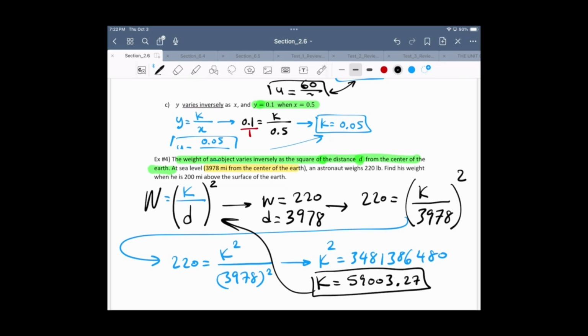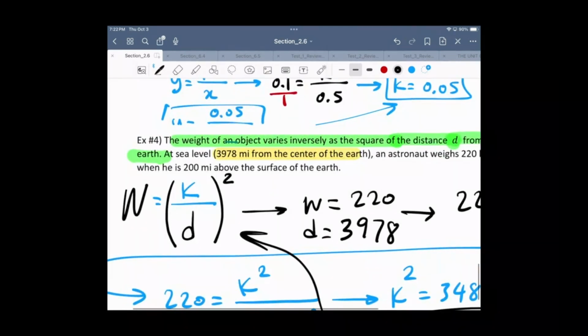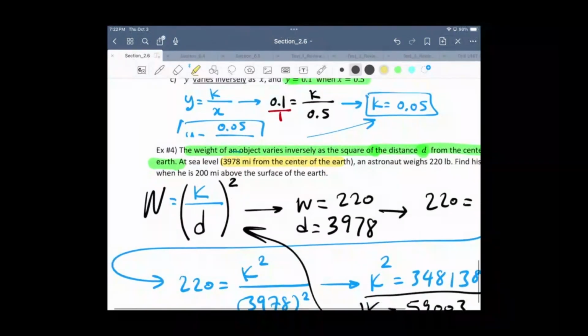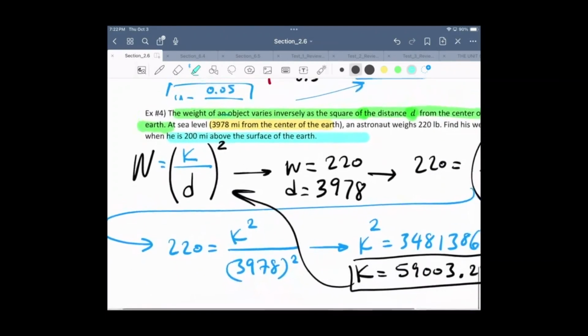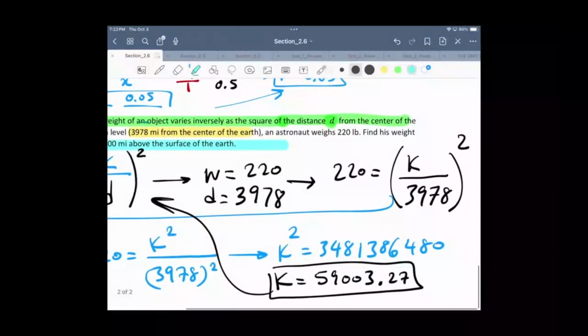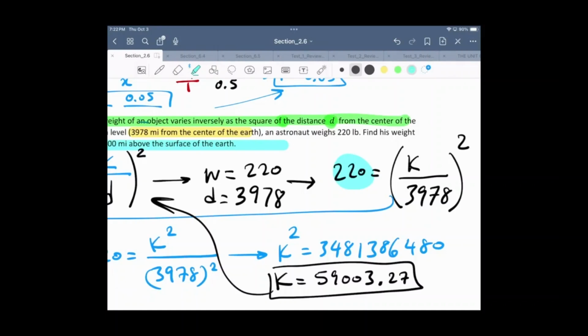Now they're saying, what is the astronaut's weight, and let me maybe highlight this in blue. What is the astronaut's weight when he's 200 miles above the surface of the earth? What we've done, we know that at the surface of the earth, he weighs 220 pounds. But what if he's 200 miles above the surface of the earth?